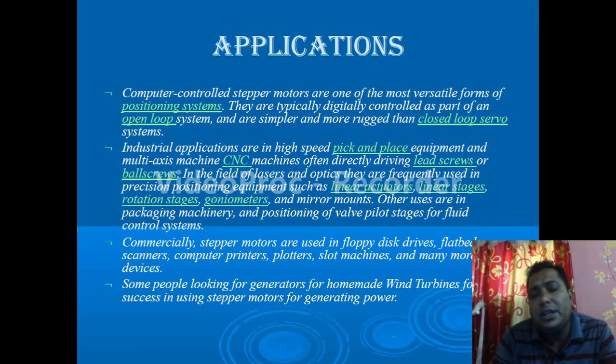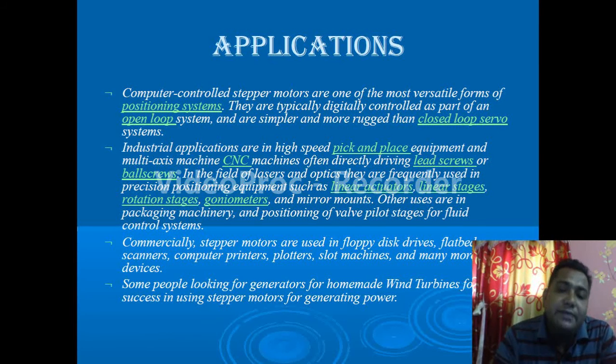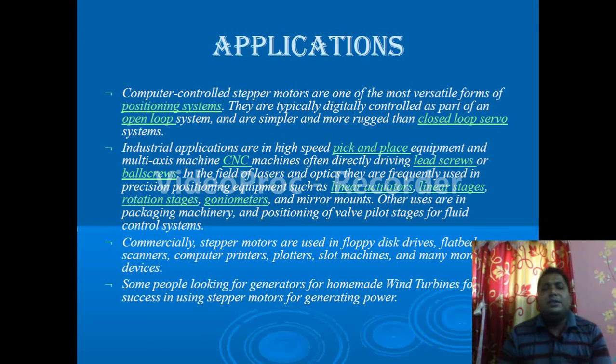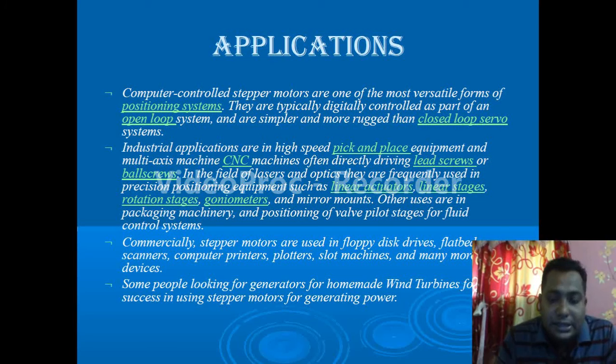Commercially, stepper motors are used in floppy disk drives, flatbed scanners, computer printers, plotters, slot machines, and many more devices. There are various applications, as it has a wide variety of steps, speed and torque.